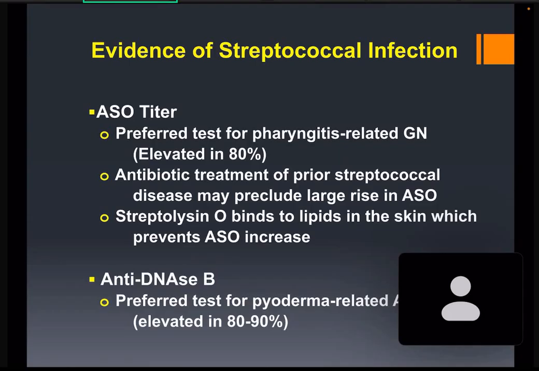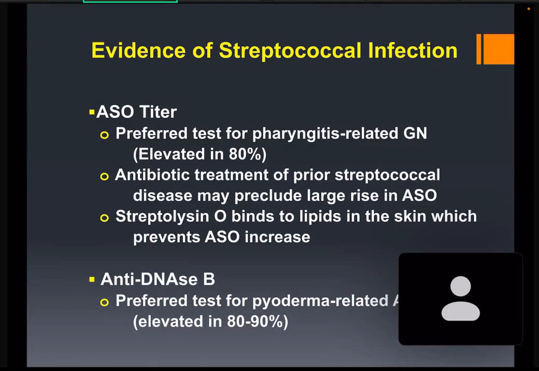The ASO titer will increase in 80% of patients with a previous streptococcal infection. But it can be blunted if the patient has been taking antibiotics before you started the treatment, or the streptolysin O binds to the lipids in the skin to prevent the ASO increase.